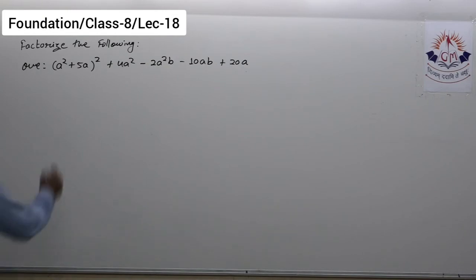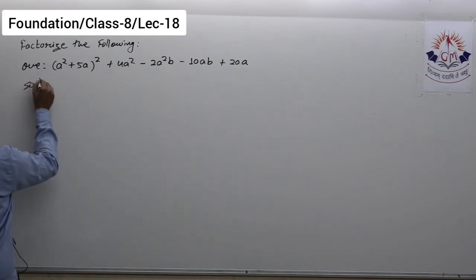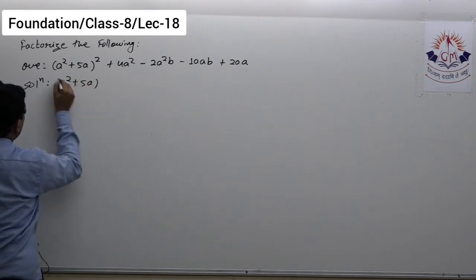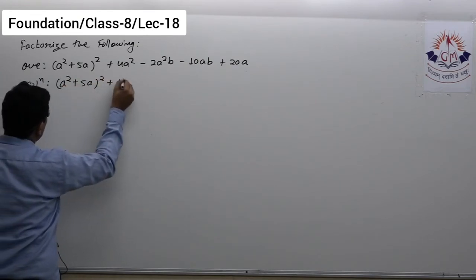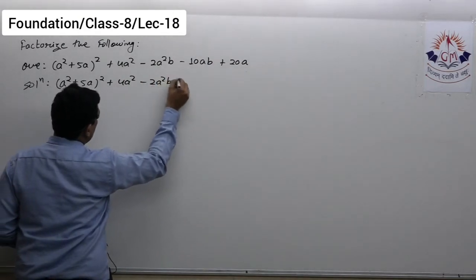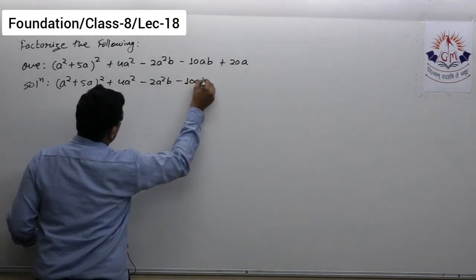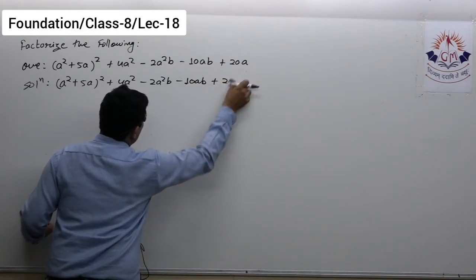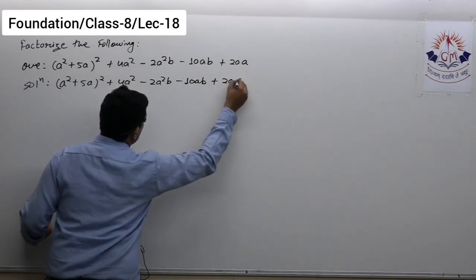Okay, so let us see how to find its solution. Here we have (a square plus 5a) whole square plus 4a square minus 2a square b minus 10ab plus 20a. Okay, so we have to find the factors.